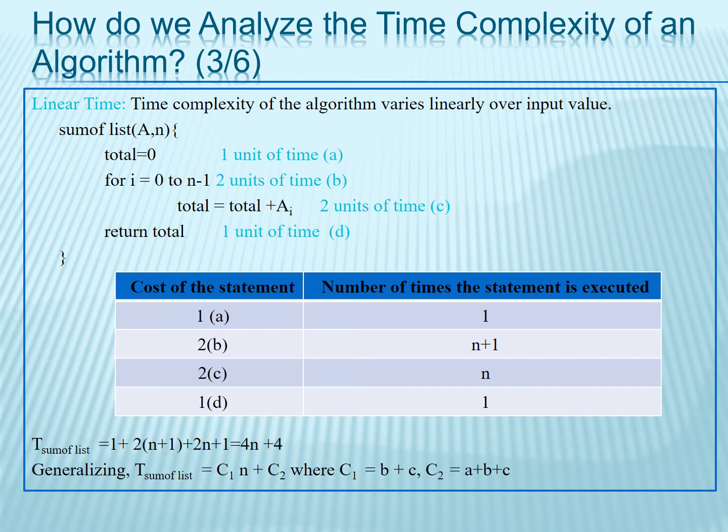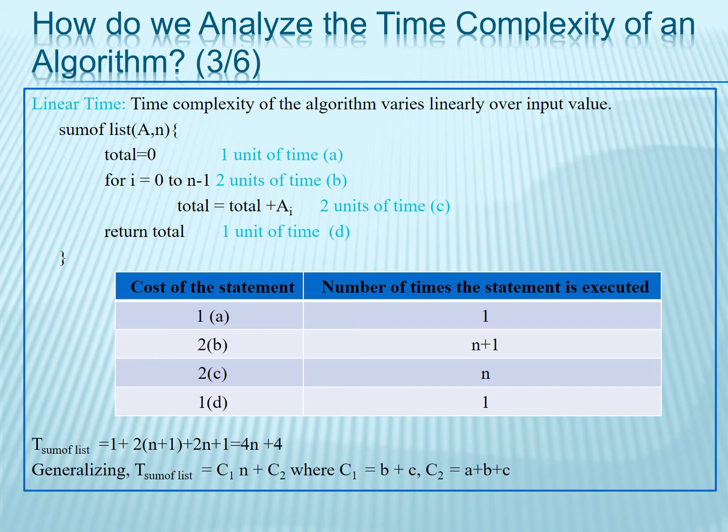That is n true times and 1 false time, that is when the I value is incremented and it exceeds the value of n, that is the false time. The C statement, which is the total assignment statement, has 2 units of time for each iteration and it is executed n times. The return statement is executed 1 time.